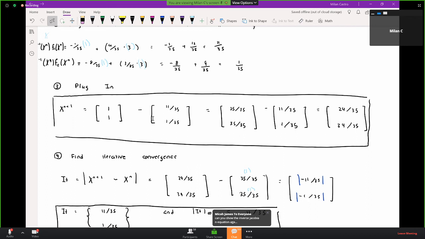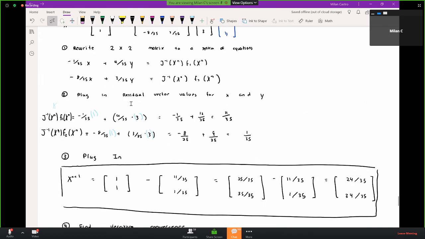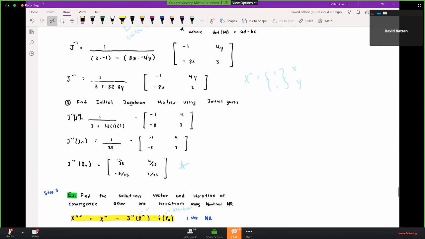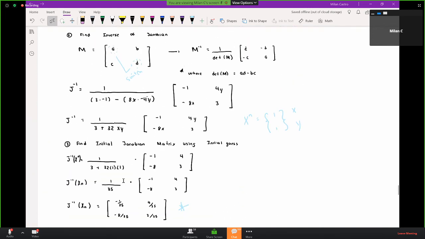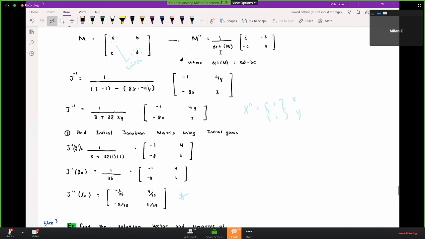Yes, I can show you the inverse Jacobian equation. All right, I'm gonna move up now, and the inverse Jacobian equation is right here. This is how you find the inverse. A little example.